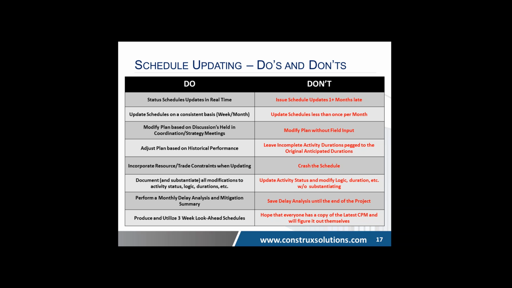No one in construction likes that because it ultimately puts you at risk of losing money, and it ultimately impacts your relationship with your client. So try to avoid that at all costs.